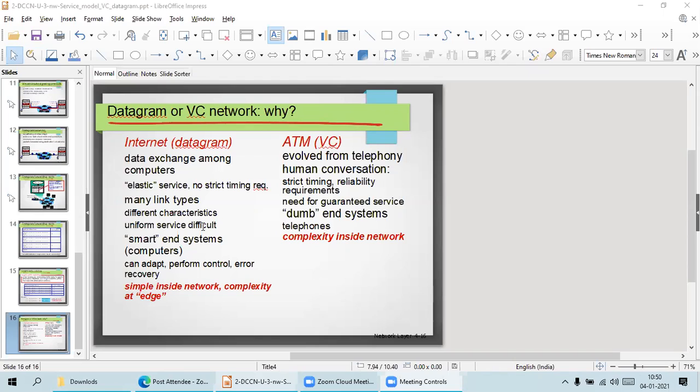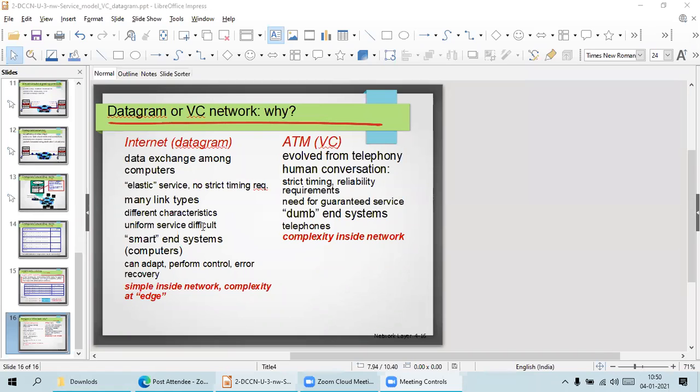Every call has to be taken care of by your network layer, and a virtual circuit must be generated between the two links, and your bandwidth would be fixed in size. All this is needed for guaranteed service, with dumb end systems, telephones.